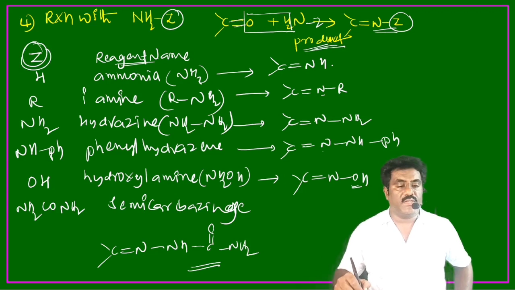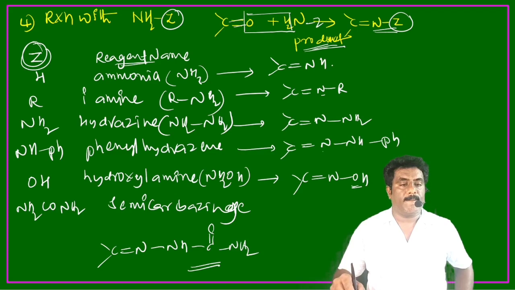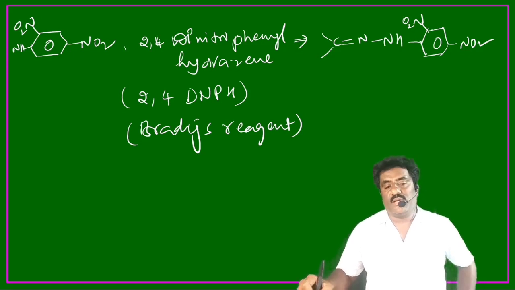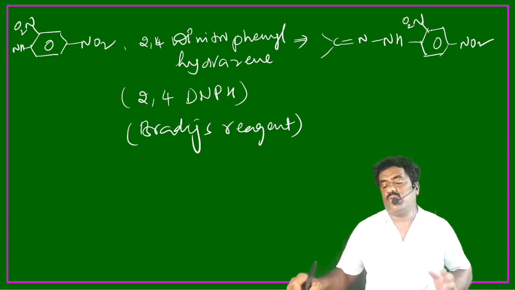See, have a look at the next one. 2,4-dinitrophenylhydrazine gives 2,4-dinitrophenylhydrazone, carbon double bond with NNH with NO2 and NO2.